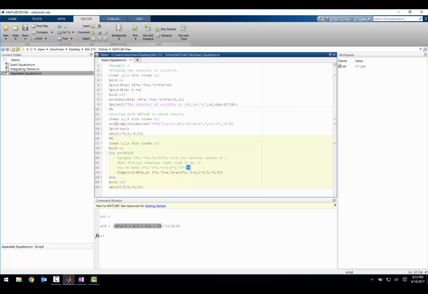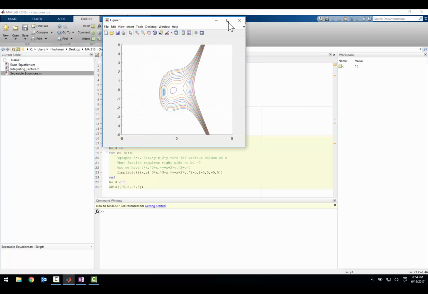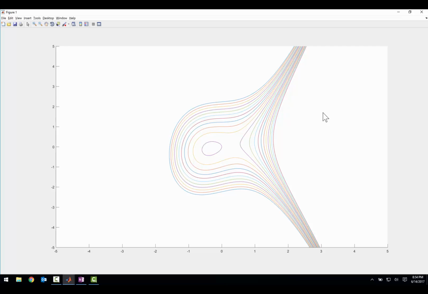It has to be something equals 0, and that something is everything else. So in our implicit solution, you have to move the c part over to the left-hand side so that it's equal to 0, and then that gets included in this. I just did it from -5 to 5 in both directions, so you can see what's going on. I plotted a whole bunch of different things, and this is them.